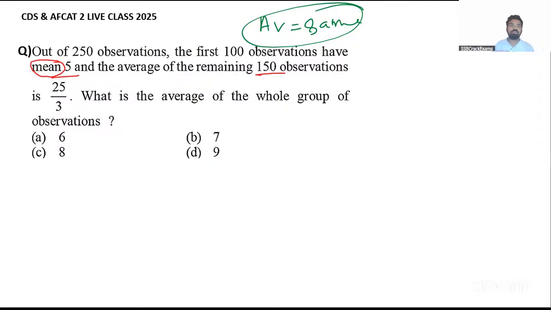Somebody is giving the answer option number B. Out of 250, the first 100 observations have mean 5 and the remaining 150 observations have mean 25 upon 3. What is the average of the whole group? This is also on the same formula: (N1 x1 plus N2 x2) upon (N1 plus N2).